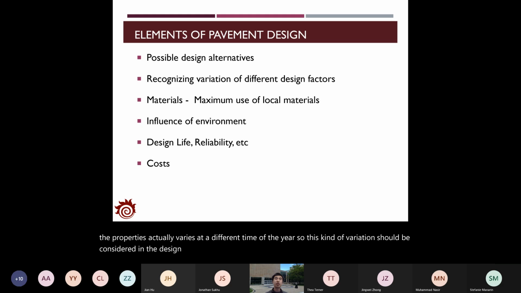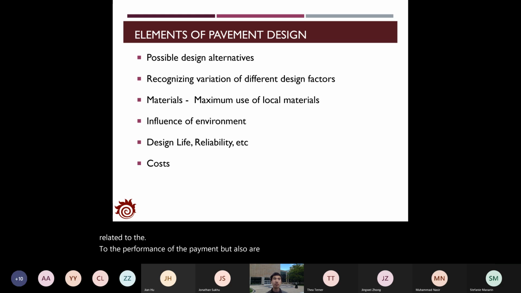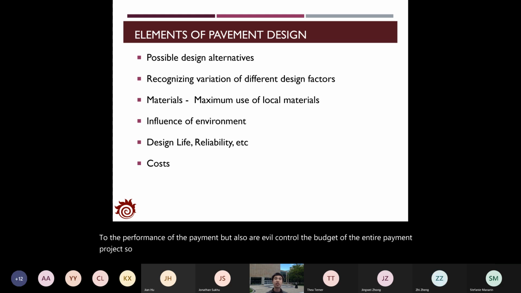The materials are one of the important factors. They are not only related to the performance of the pavement, but also control the budget of the entire pavement project. So generally, we want to maximize the use of local materials, which will be very cheap for you to develop the pavement structure.